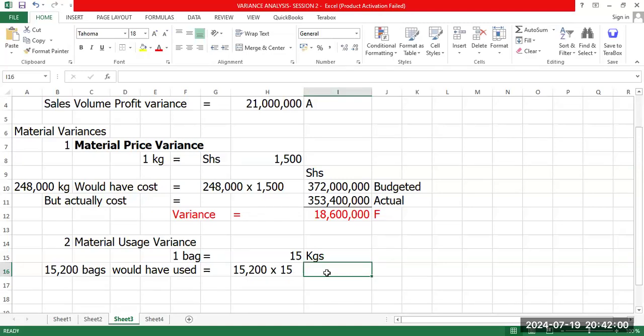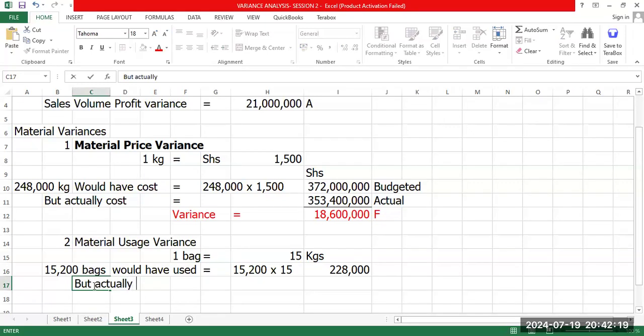$228,000. But actually, used how many kgs?